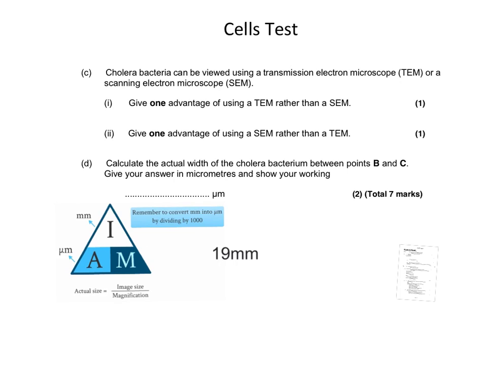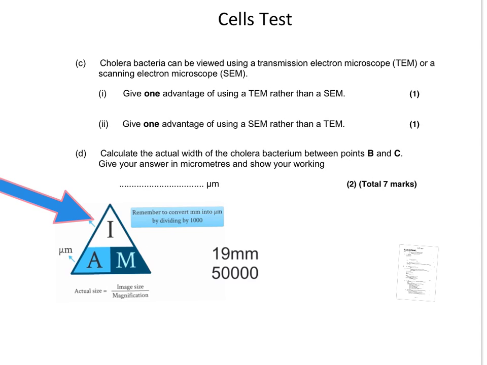And then it does say in the first part of the stem of the question, it tells you the magnification, and the magnification is 50,000. Okay, so going to my triangle, I know that the image is 19 millimeters, and I know the magnification, 50,000. So I take the 19 millimeters divided by 50,000, and that gives me a really small number, 0.00038.